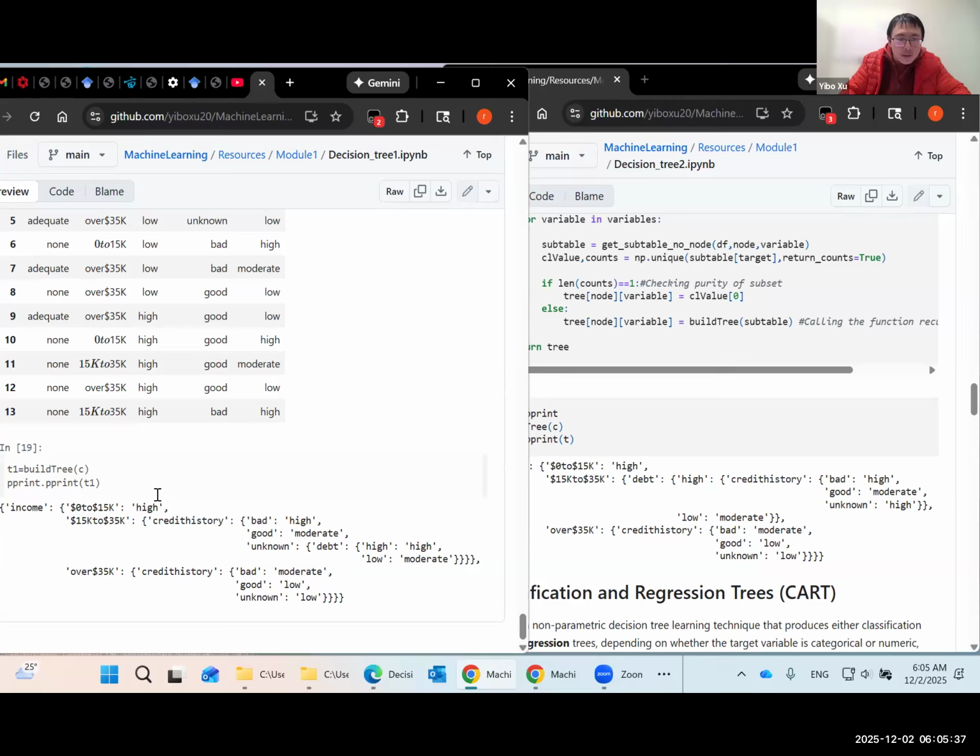For the lowest income, this is high risk, it's pure. For the other two nodes, we have the feature to be credit history, which branches into bad, good, and unknown. For the unknown, finally we have the third level of node to be the debt. High debt is associated with high risk, and low debt here is moderate.